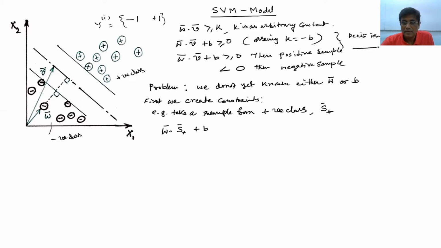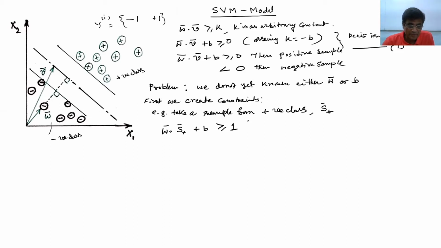And we are calling it, very important, equation 1. That is greater than or equal to 1, because all positive samples are considered as plus 1. So take a sample and then we are rewriting this constraint equation in this form.